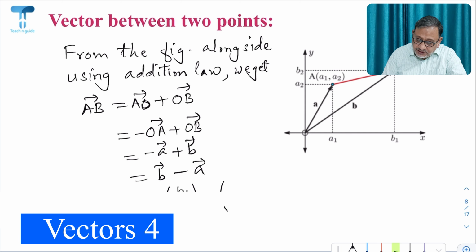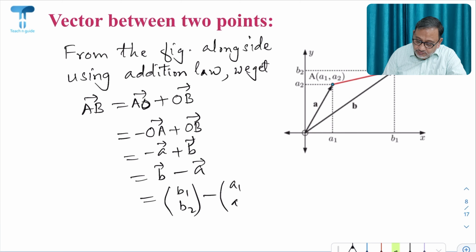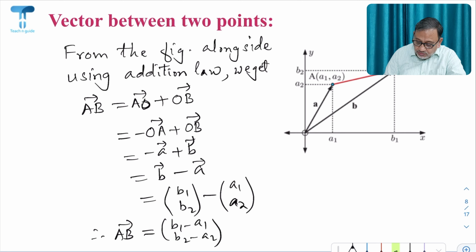And vector A will be given by A1, A2, because we have here A1, A2. And then we can bring them together. So therefore AB is equal to B1 minus A1, B2 minus A2.